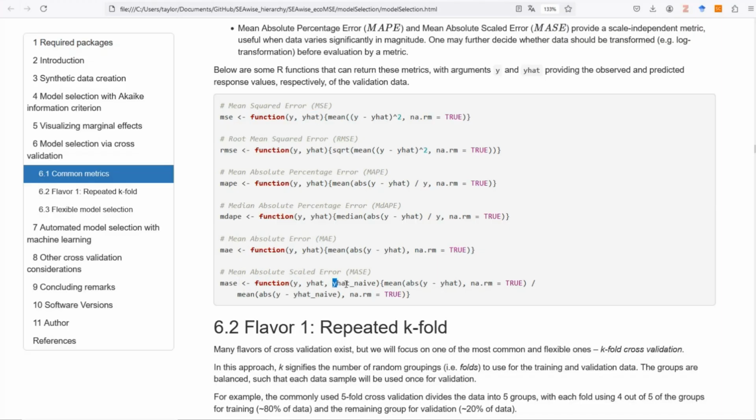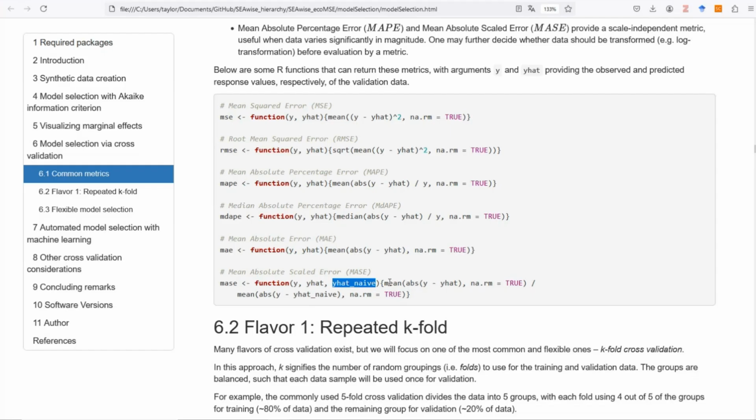And what's different about this is it has this third argument here for a naive prediction that you compare to. So you've got your observed response variable, you've got what you predict with your selected model, and you've got, let's say, the next best prediction from a naive model.